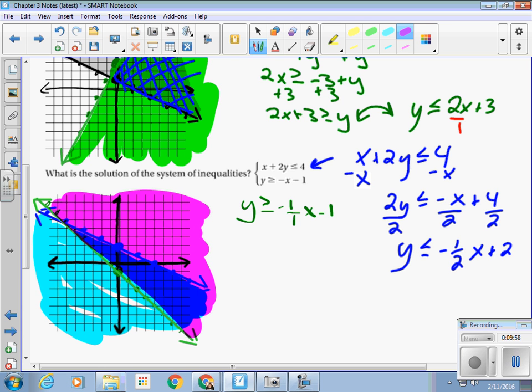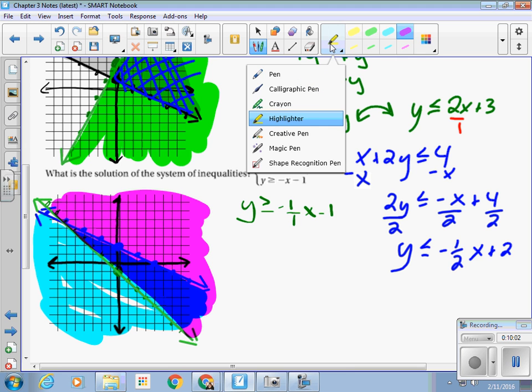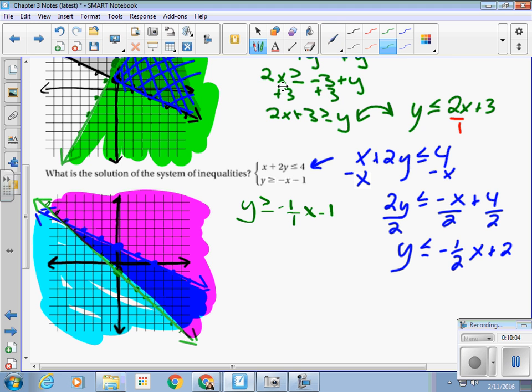And then my double shaded region, which right here is in blue, is my solution to the system of inequalities. So you need the graph to represent your solution because there's so many in the overlapping region.